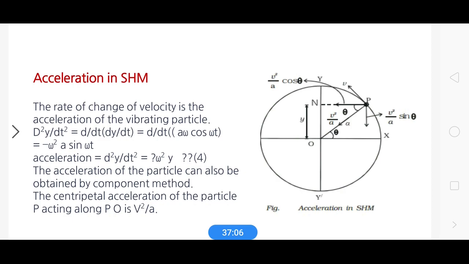So v square by a is acting towards the center, v square by a sin theta is along the y direction, and v square by a cos theta is along the x direction. So here also we got the three different accelerations.